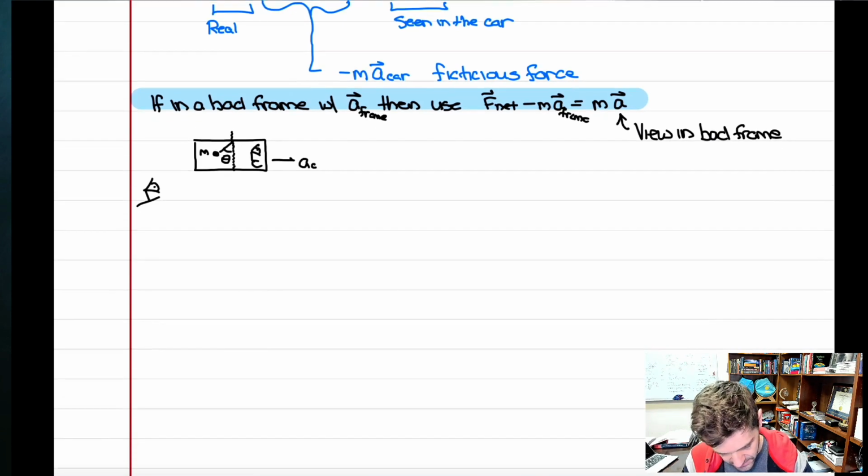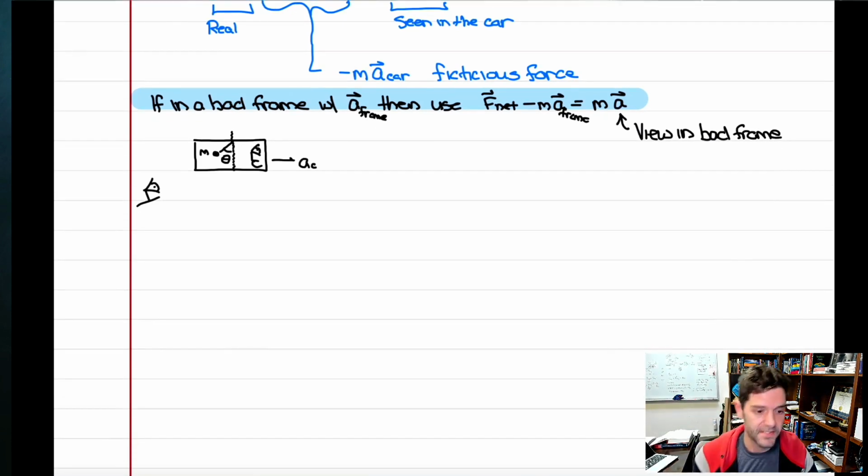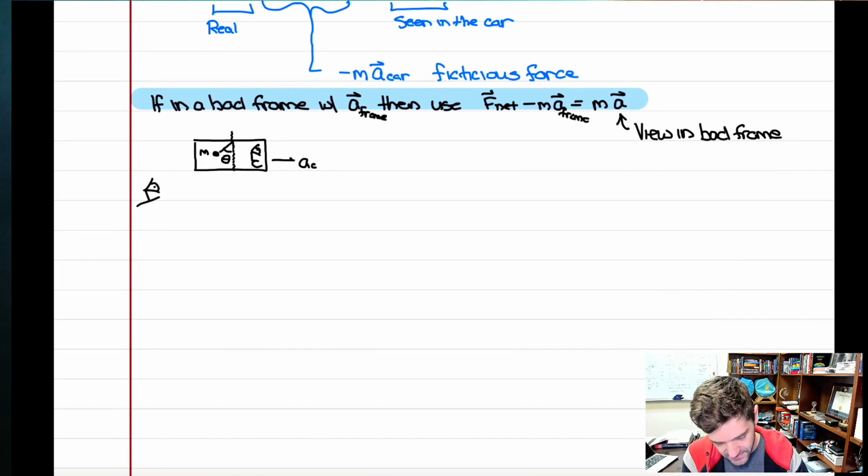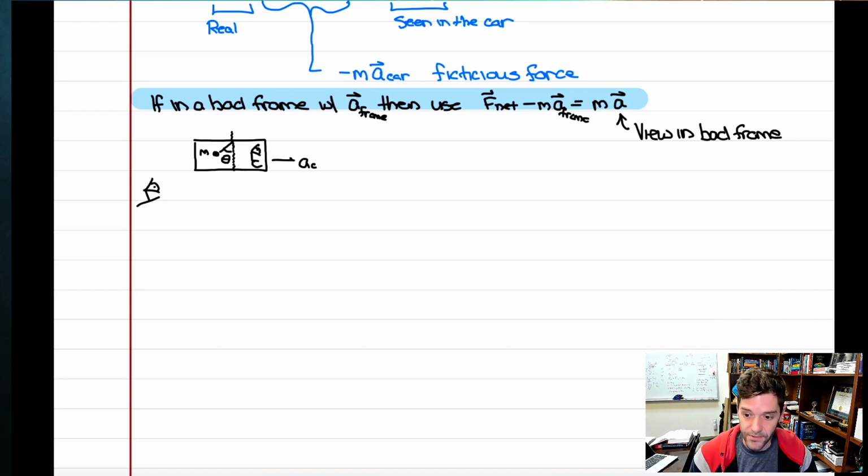So let's first stick with the inertial observer. They see the entire car accelerating by, the car is made of glass, and they measure the angle at which they observe the bob hanging, and they want to measure the tension in the string.